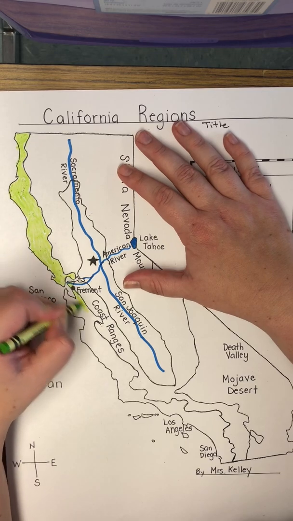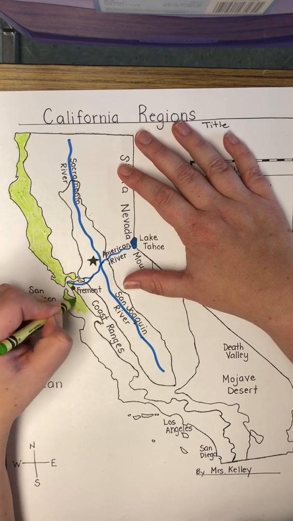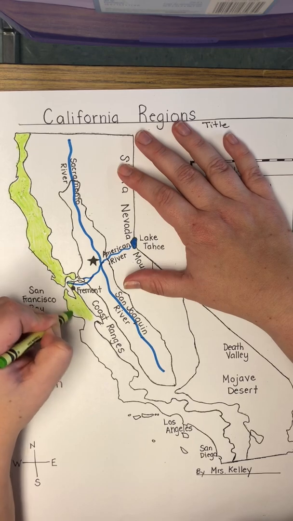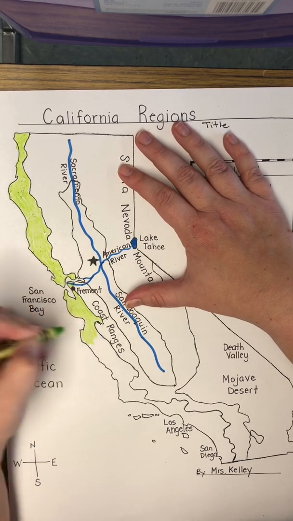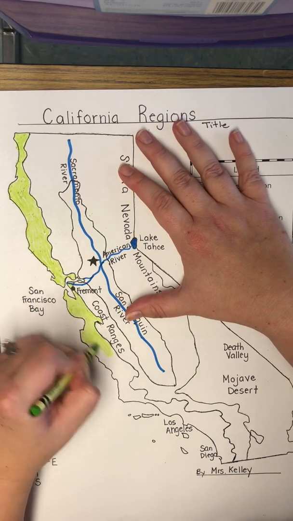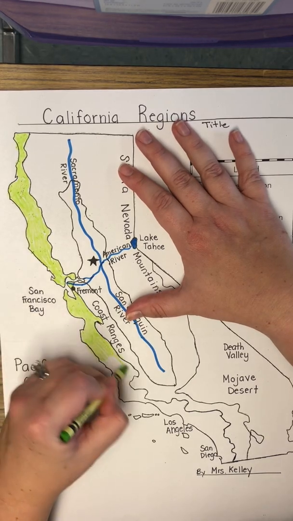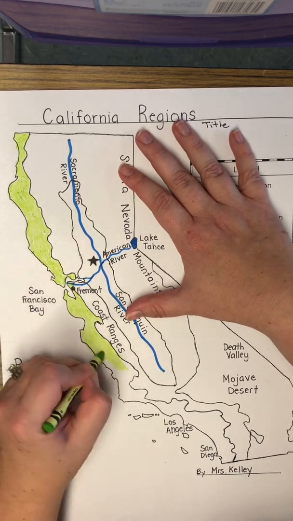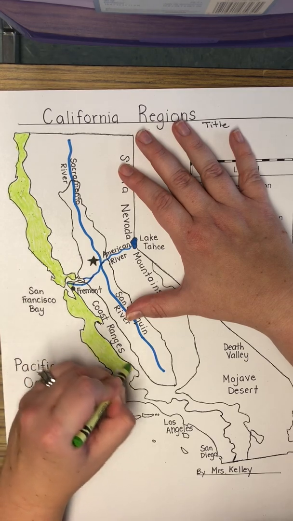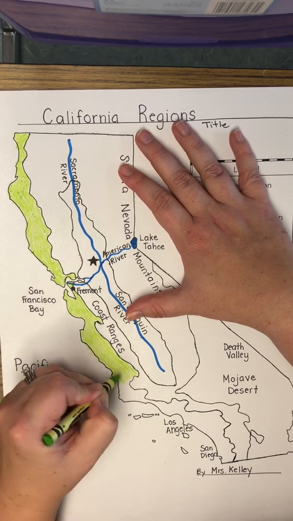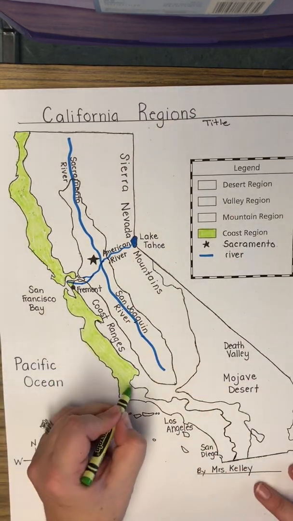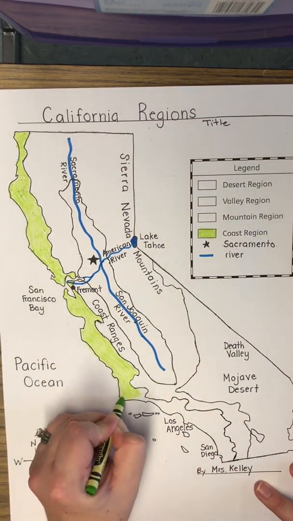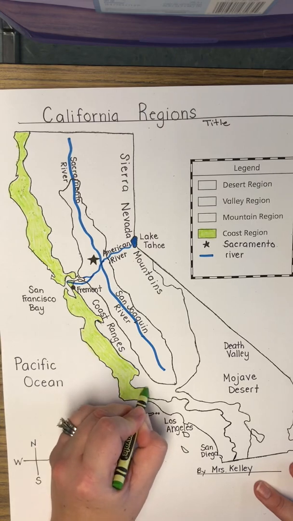You can see Fremont's right there in that coast region. We're going to come down past the coastal ranges, all the way down south, heading towards LA.